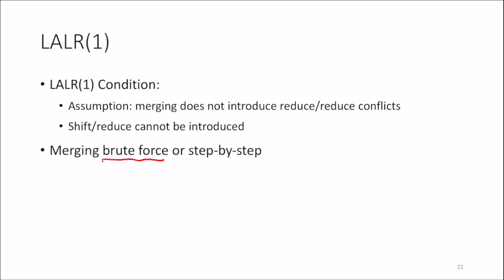Or you can do it step by step. So as part of the LR1 automata construction, this LALR1 condition can be used. And there's an efficient algorithm out there that modifies the LR1 automata construction in order to do LALR1, which is the sort of pragmatic alternative to LR1 that is implemented by Yacc and Bison.